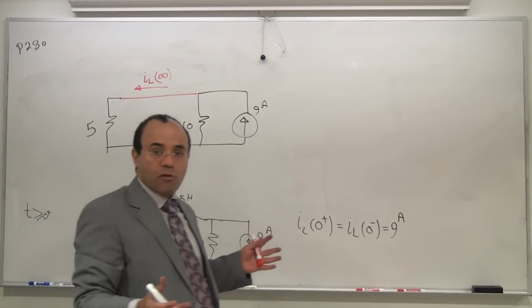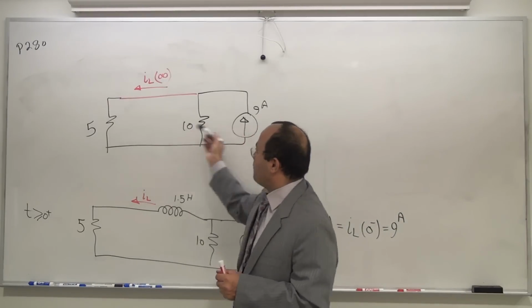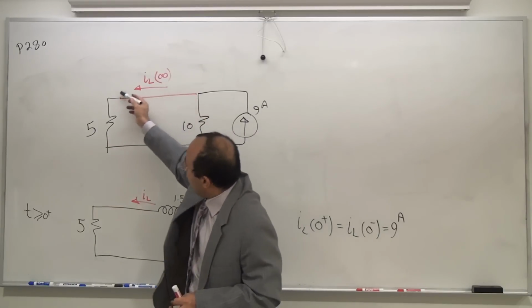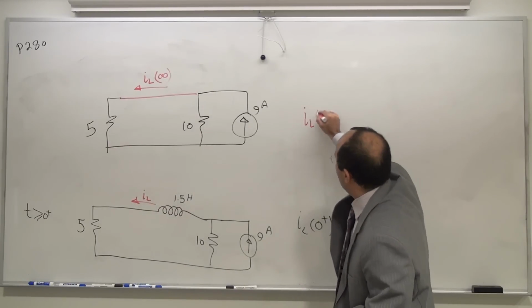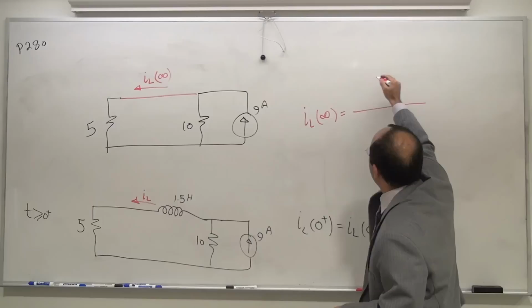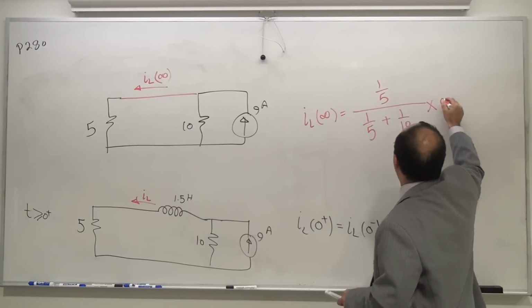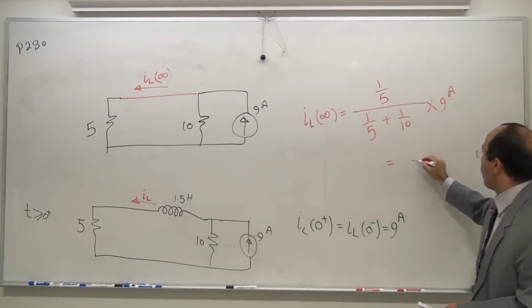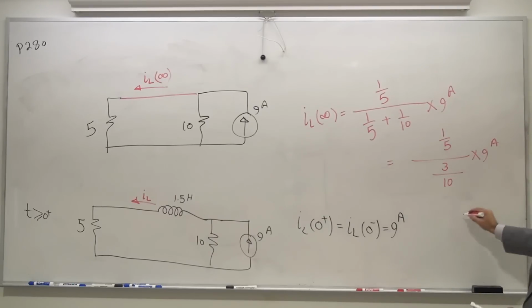Well, we are mature at this stage. We can see 9 amp, we can see 10 ohm, 5 ohm, we can see everything is in parallel. We can also identify that IL is actually going through the 5 ohm. So therefore, IL of infinity, using the current division principle, is 1 over 5 over 1 over 5 plus 1 over 10 times 9 amp. 1 over 5 is 2 over 10, plus 1 over 10, 3 over 10, times 9. 10 comes on top, that's 2 divided by 3 times 9.